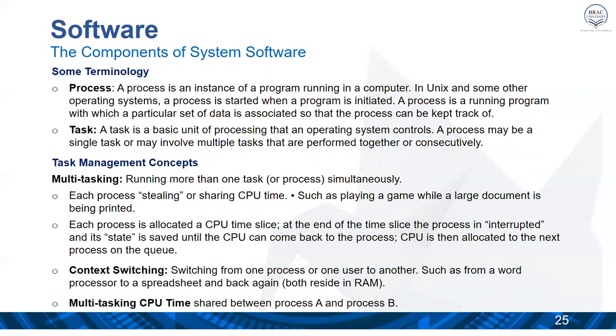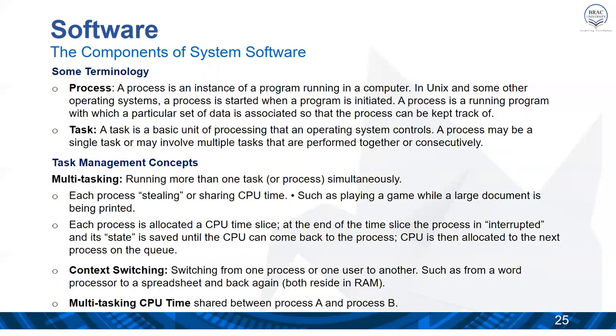Some terminology of the system software. The process and task. What are the basic differences between the process and task? So a process is basically an instance of a program running in a computer.